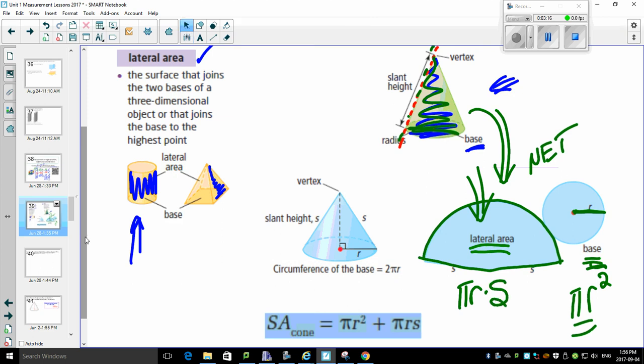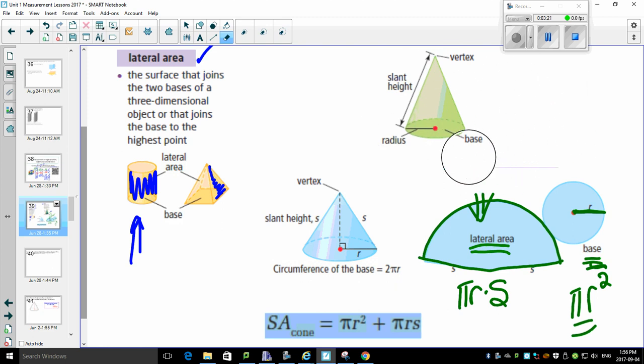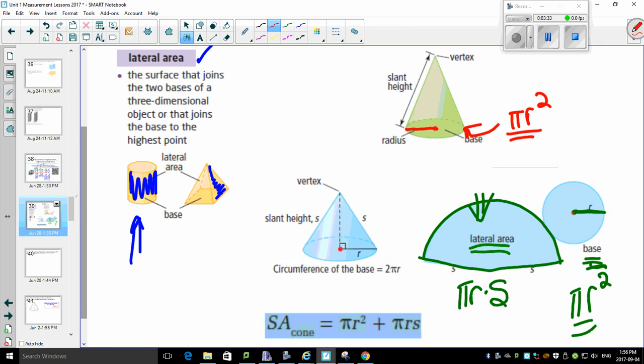So let's go back to this wonderful thing right here and see if we can figure out what we're talking about. All right, so here's our nice little radius. There's our circle. So our circle is pi r squared. Now we have to figure out this lateral area here. The formula for that is pi times the radius, which is still this guy here, times the slant height, which is from here to here.